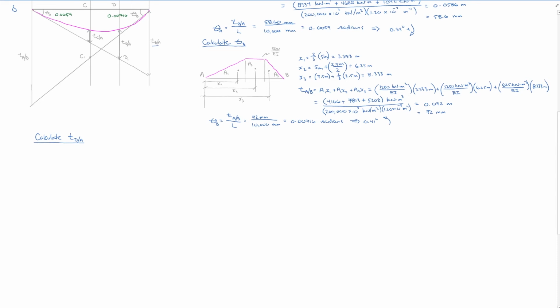delta 1. So I'm going to copy and paste my M over EI diagram down here for us to use. So we have our M over EI diagram down. And of course, in this instance, we're interested in D, the tangent distance at D. So let me label point D in here, so in case we forget where it is.